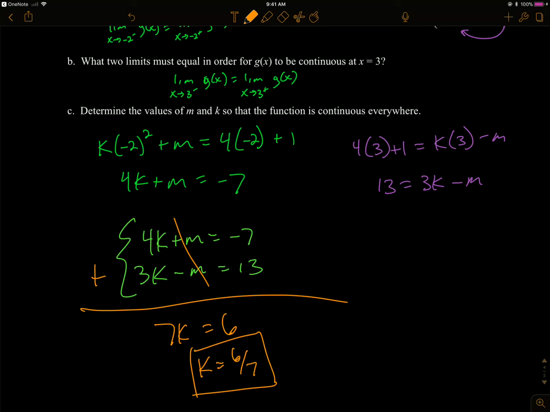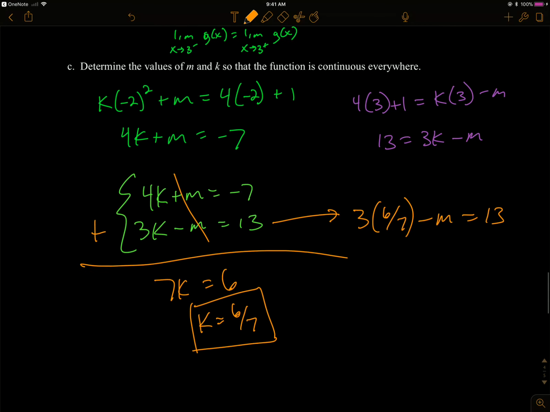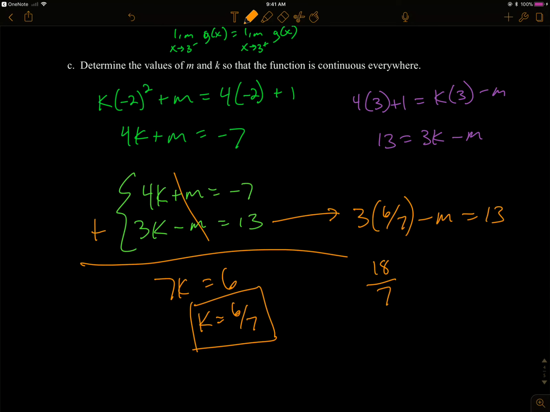And now I need to find m, so I can use any equation I want. I'll use this 3k minus m equals 13 and plug in my k. So I get 18 sevenths minus m equals 13.